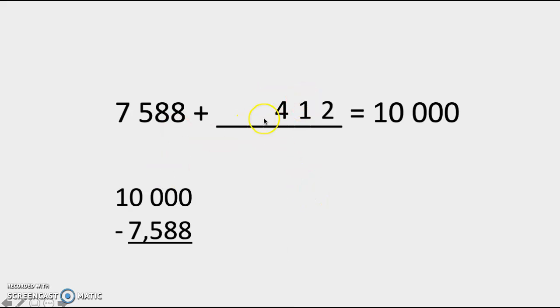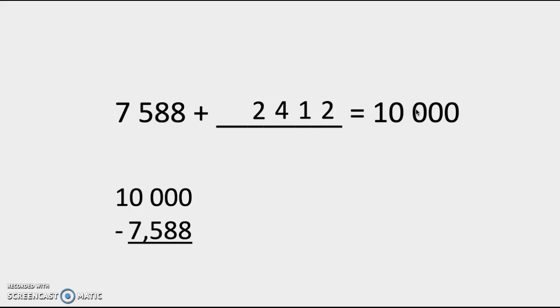I have the 4 here. So then I have the 1,000, the 412 and the 588 equal 1,000, plus 7,000 is 8,000. And then I need to know how many more thousands I need in order to get to 10,000, which is 2. So then I know that the answer is 2,412.